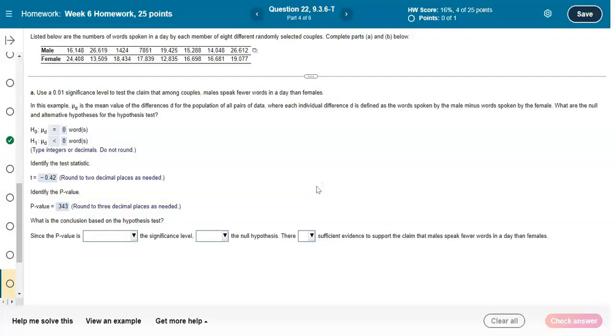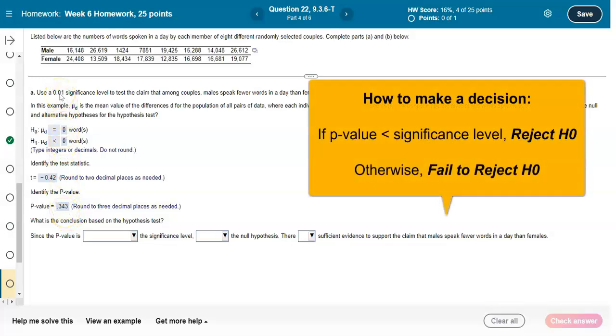So now we need to make a conclusion about our claim based on the values that we got. The way we do this is we look at the p-value, which is right here, and we compare that to the significance level, which in this case was right here. The rule is if the p-value is less than the significance level, you will reject H0.